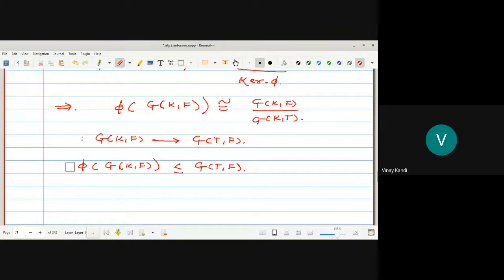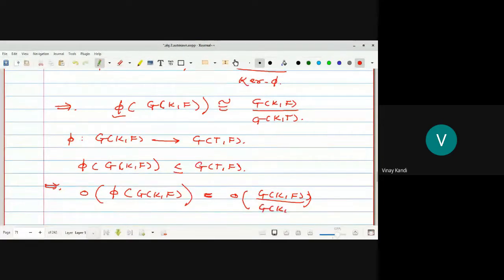Now look here. That implies, from this one, the order of phi of GKF is equal to what we get: the order of GKF divided by the order of GKT.